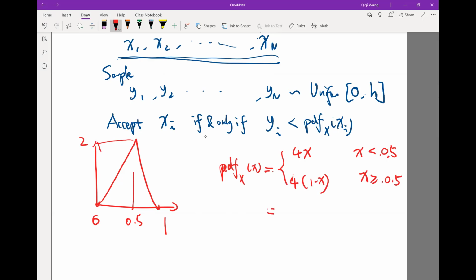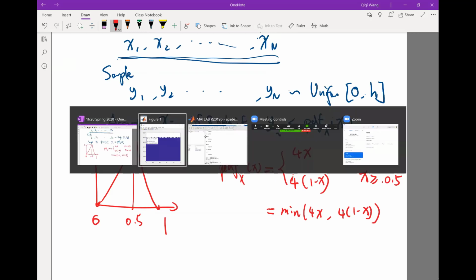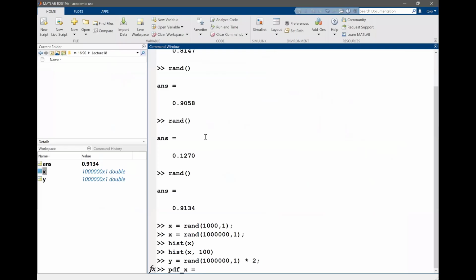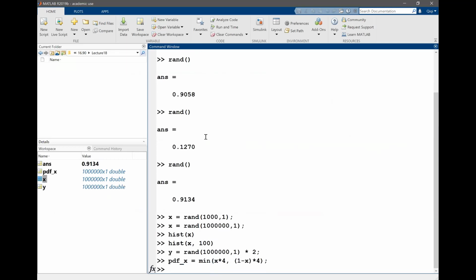Or just an easier to implement way is just the minimum of 4x and 4 times 1 minus x, right? Okay, so let's do that. So the PDF of x is the minimum of x times 4 and 1 minus x times 4. So that computes a PDF.